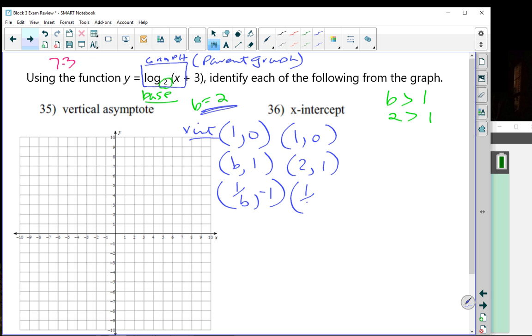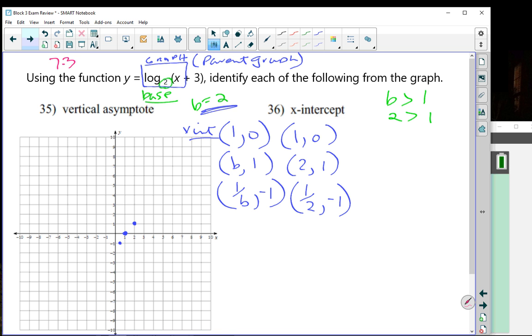And then 1 over 2 and -1. Plot those points. Okay, just like so. Do I need to connect those dots?